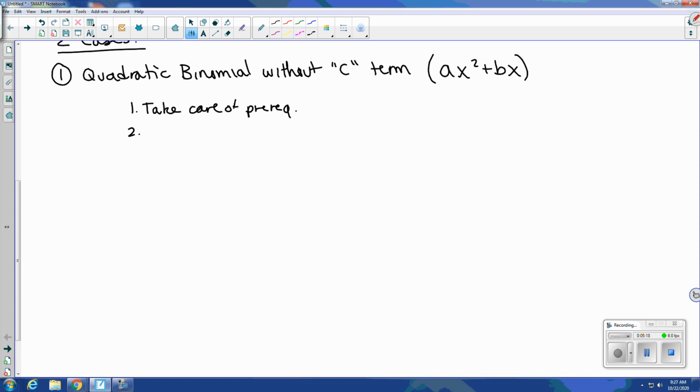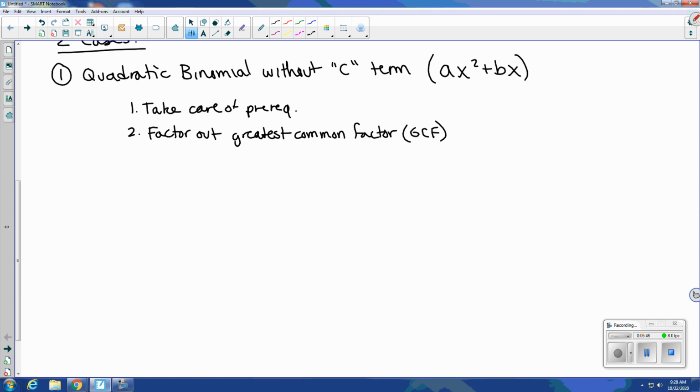Second, factor out a GCF. The GCF is the greatest common factor between the terms. So when you hear me reference GCF, I'm saying take out the greatest common factor.